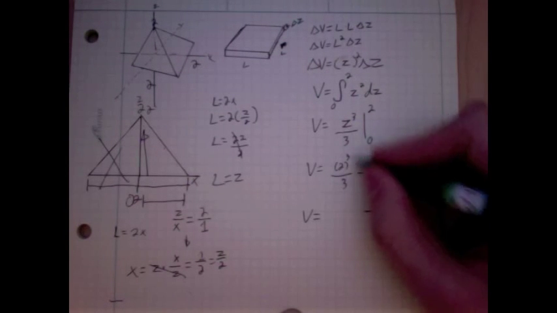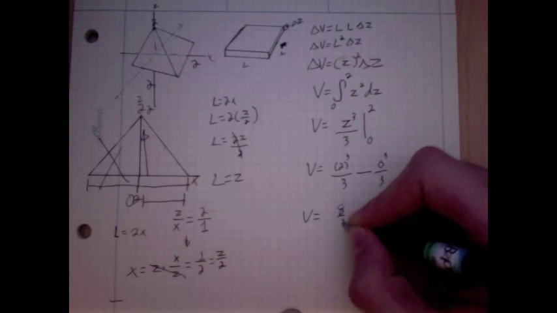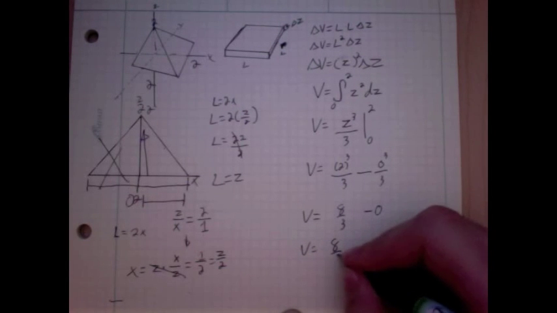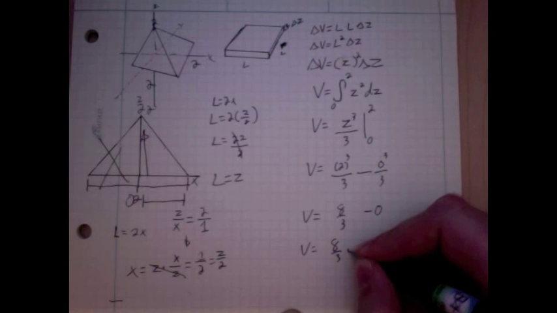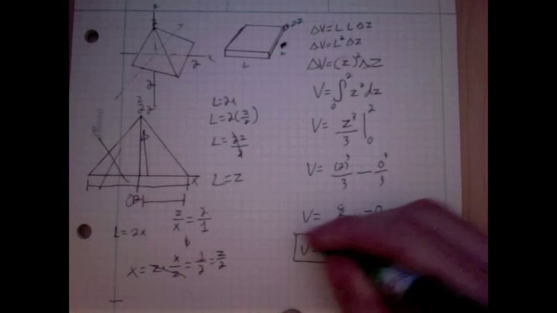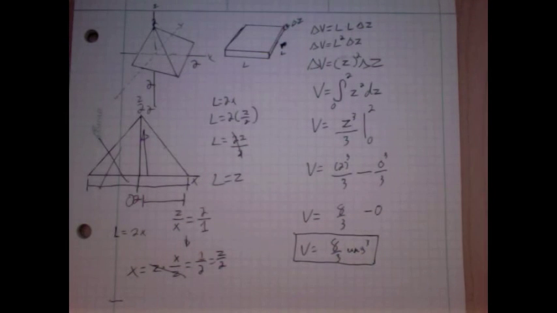Then 2 cubed is 8 divided by 3. So the volume is equal to 8 divided by 3 units cubed. And there we go, we've integrated the volume by slicing upwards.